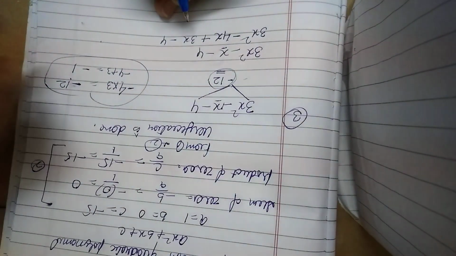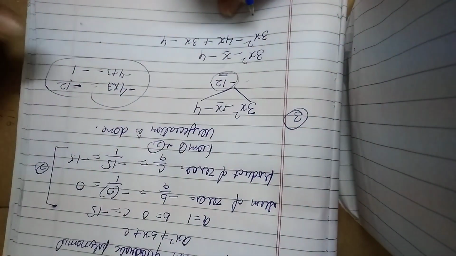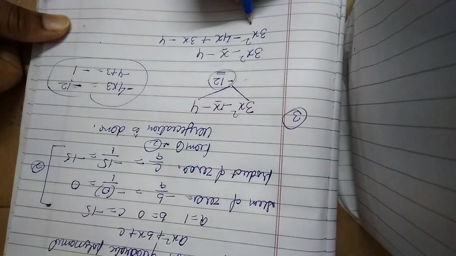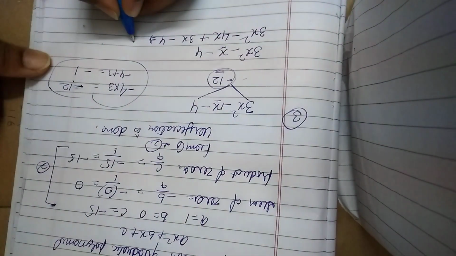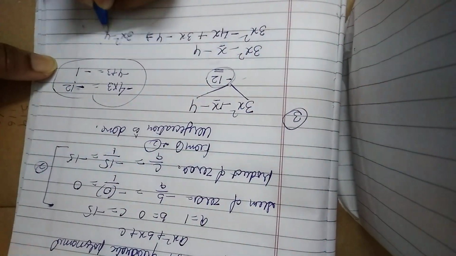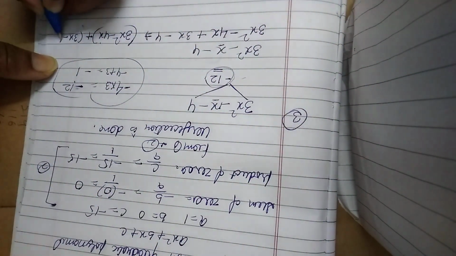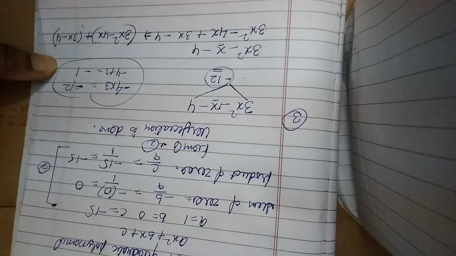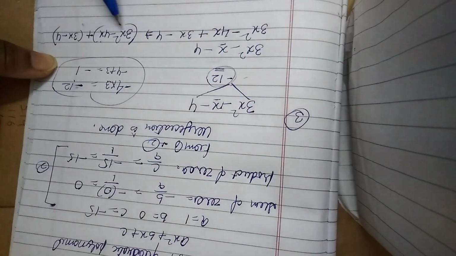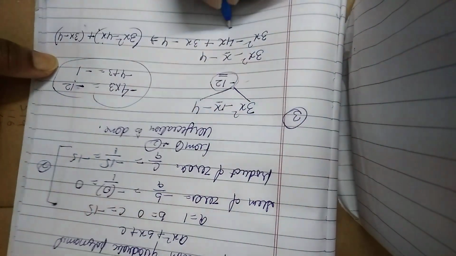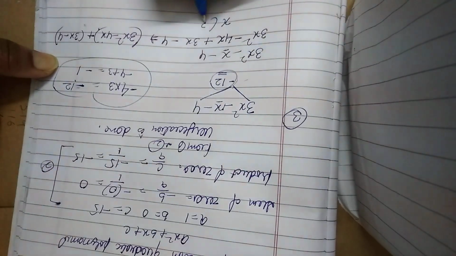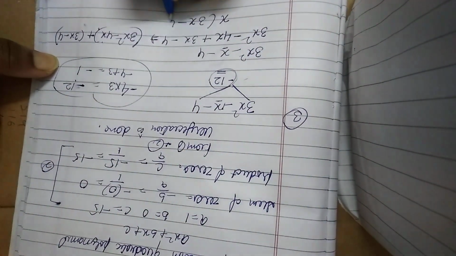Now making pairs of two terms. The first pair is 3x square minus 4x. The second pair is 3x minus 4. Taking common, here only x is common in the first pair, so we have x into 3x minus 4.